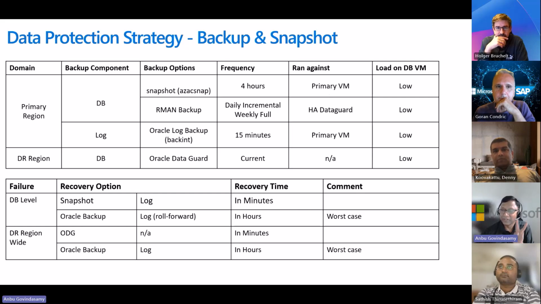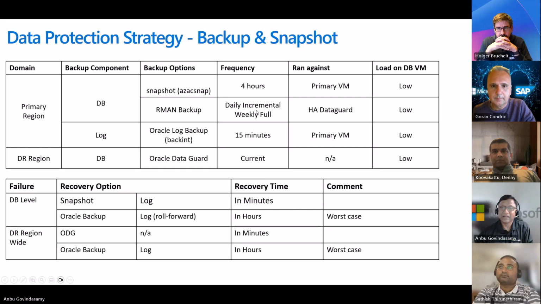What if, once in a lifetime, you ever have to go back in time? You have at least a snapshot to go back fairly quickly. Or what if I have to restore for a compliance request 30 days old, whatever your retention period is? There you really need the weekly backup and daily incremental backup, all of that. So we have covered both aspects of it. So that's how it is.